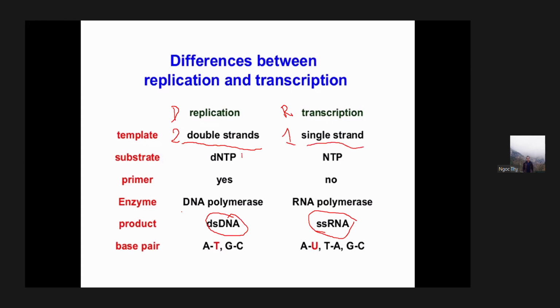The substrate here is deoxynucleotide, and here is ribonucleotide. DNA replication requires an RNA primer. Meanwhile, RNA transcription requires no primer. Okay, so the enzyme participating in the process here is DNA polymerase, and here is RNA polymerase.